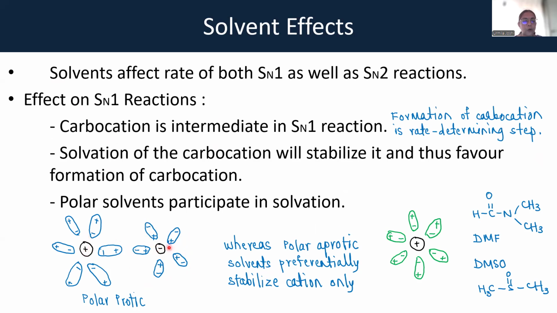See, this is a nucleophile and the positive part of the dipole is oriented towards it. So this stabilizes. Okay. Whereas polar aprotic solvent, as I mentioned, can stabilize the cation very effectively. It does not stabilize the nucleophile.